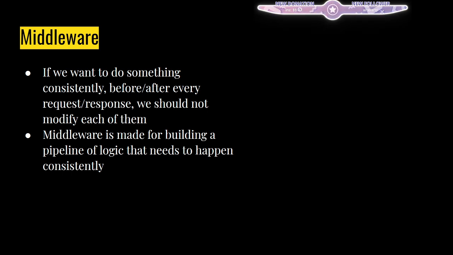Middleware. The relation of OCP, the open closed principle, and middleware is that middleware enables us to add a change for the whole application flow by doing something to all the inputs and outputs that we have, before or after we get them or return them. So that's the benefit of middleware.